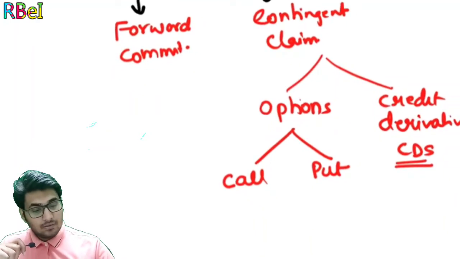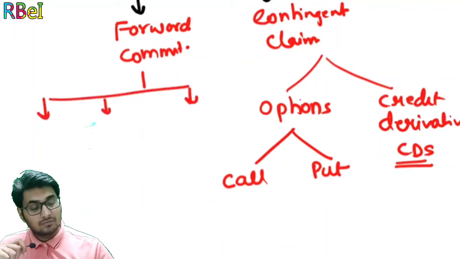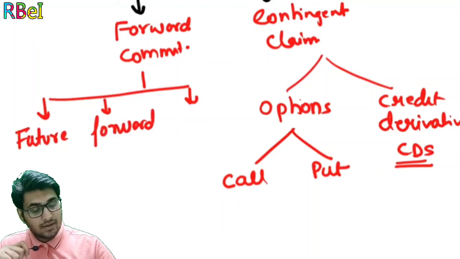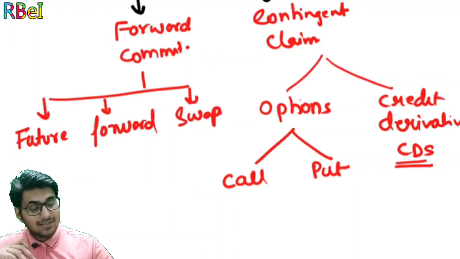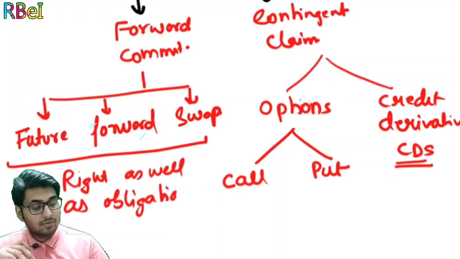Clear? Now coming to forward commitment, over here we have three major categories. One is futures, another one is forward, and another one is swap. Futures, forward and swap. In these three we have the right as well as the obligation, that I have to perform something.